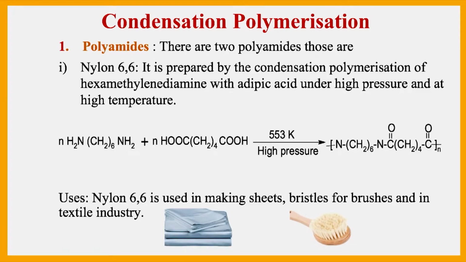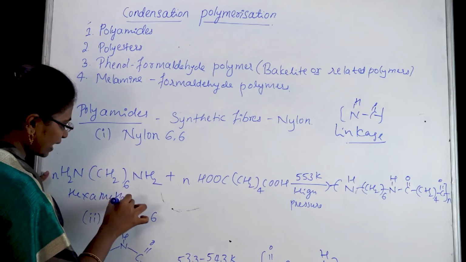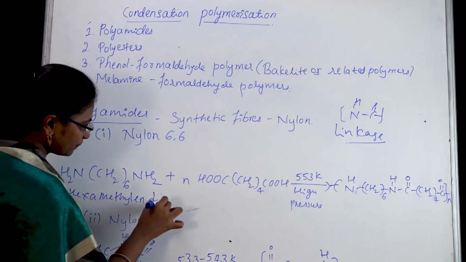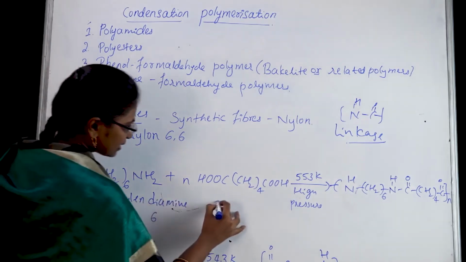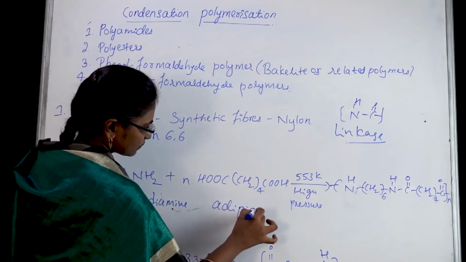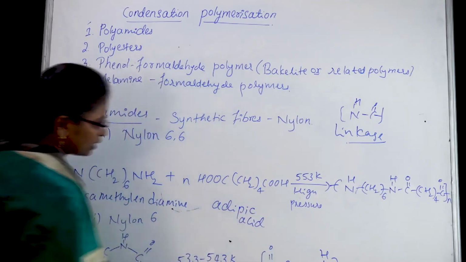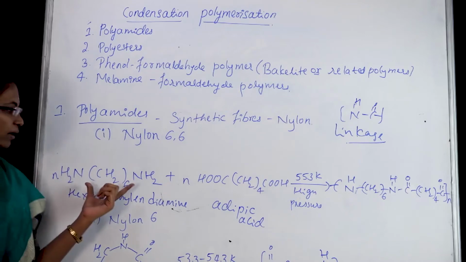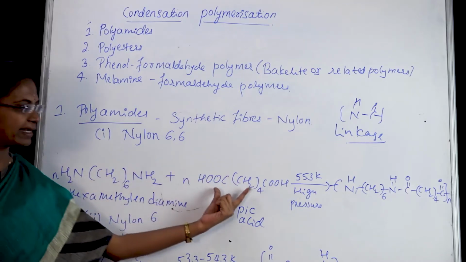Nylon 6,6 is obtained from hexamethylene diamine and adipic acid. Remember the monomers: this is one monomer and this is another.